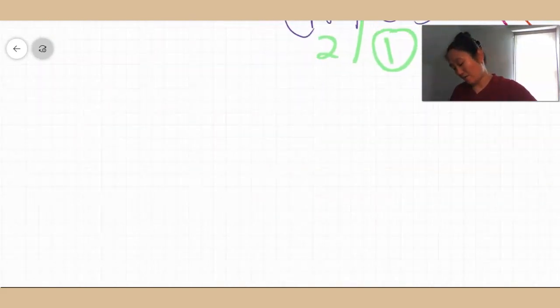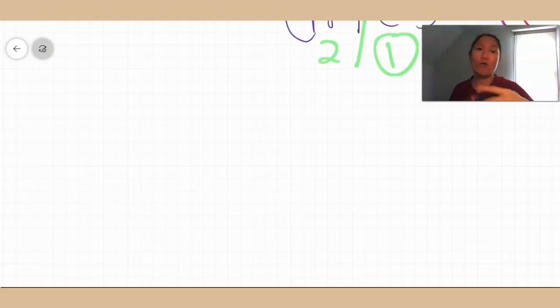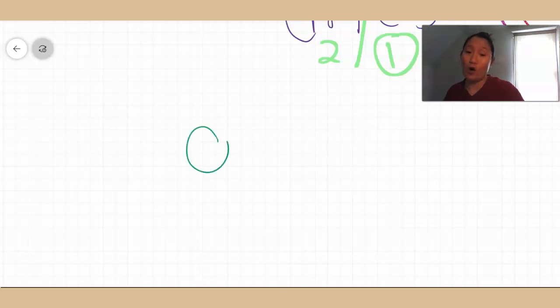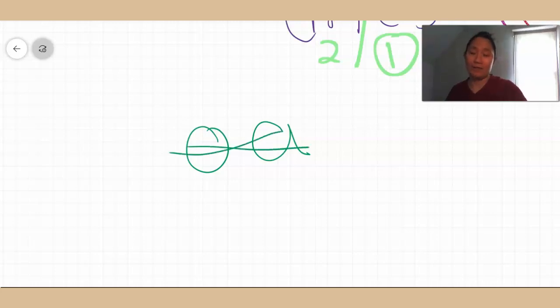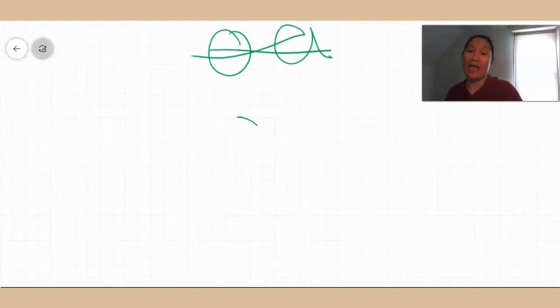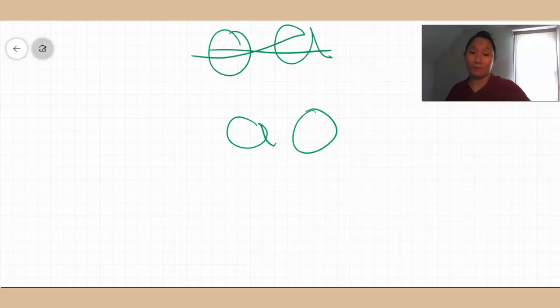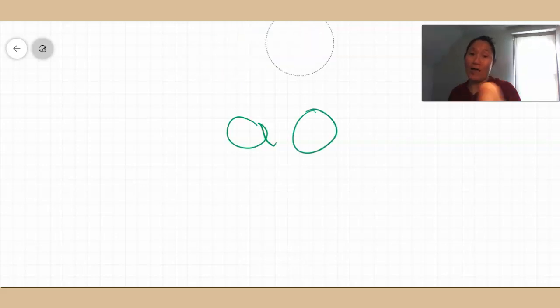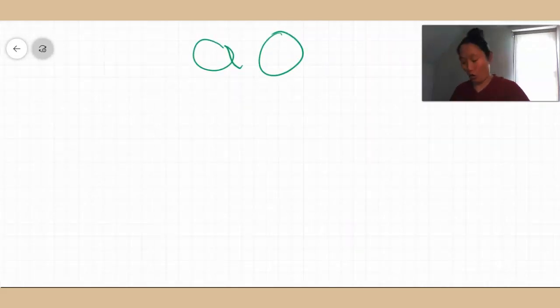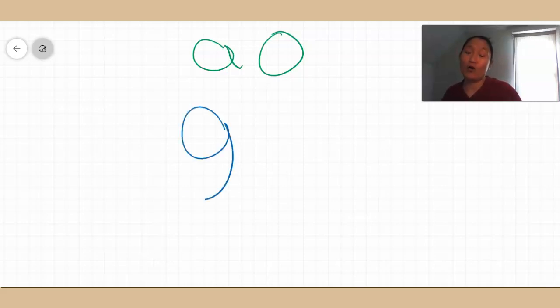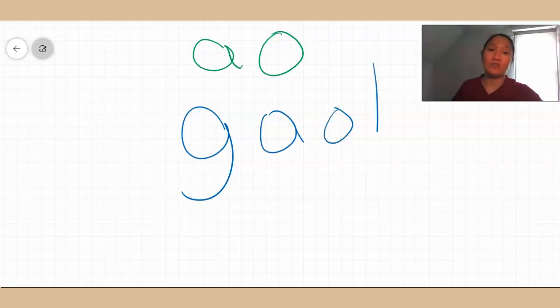Okay? So those are the more common I-E words that you could possibly see. We're going to look at another set of words that are O-A. Excuse me, not O-A. A-O. So the O-A is the O, but this is the A-O. So for example, if you had the word gale, that's an old-fashioned word for jail.